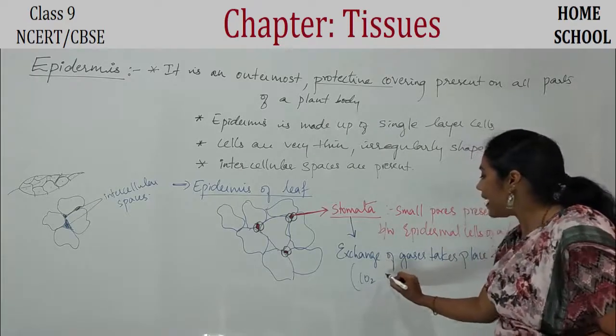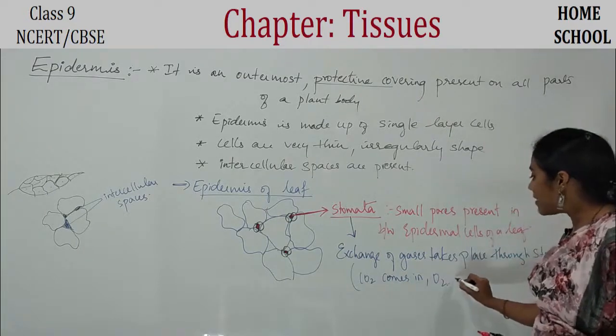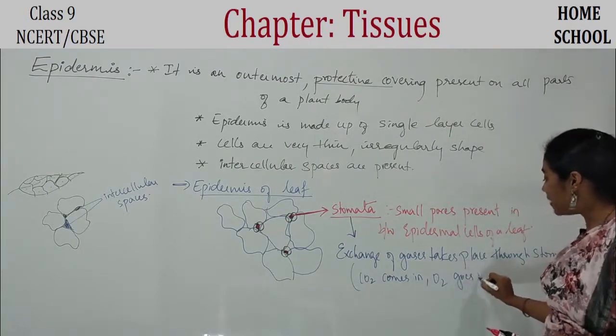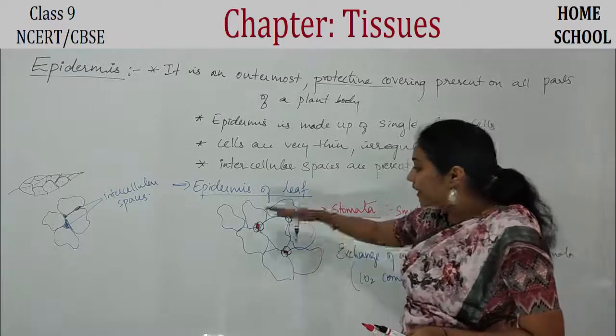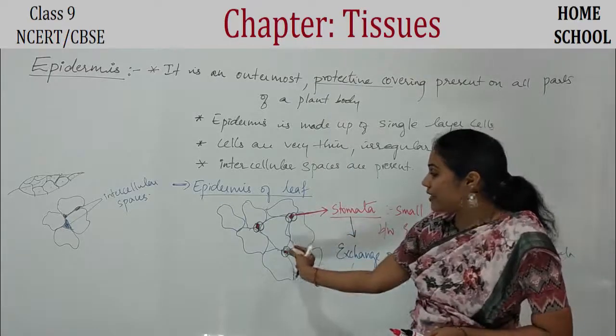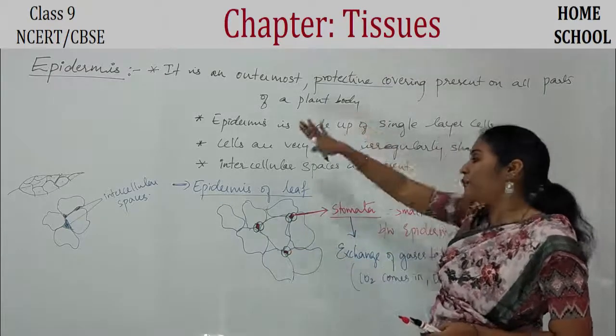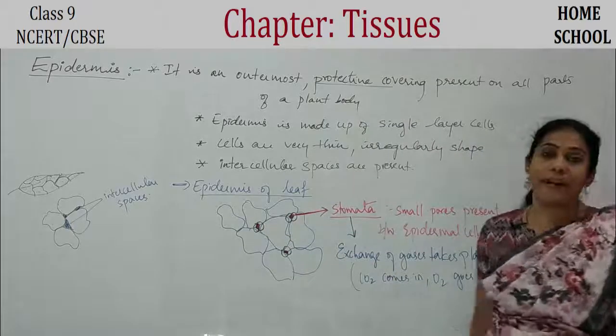Carbon dioxide gas comes in, oxygen gas goes out. Yes or no? It has to come through this hole into the leaf, carbon dioxide gas. In the same way, oxygen gas also should go out from a leaf through these holes only. So that is the main use of stomata here.